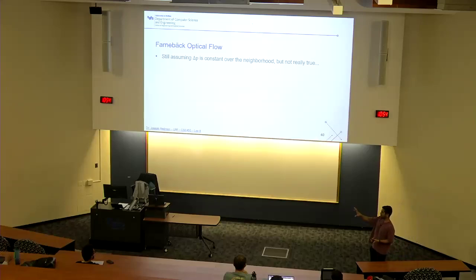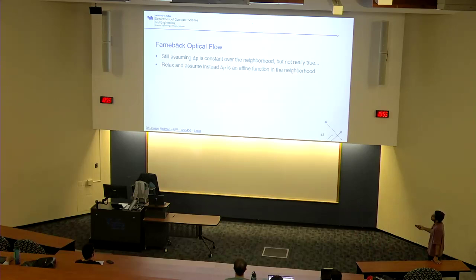And if your neighborhood is on a region that includes both the tree trunk and the house in the back, then you're going to see more flow for the tree. So this assumption that delta P is constant for the entire neighborhood doesn't hold.